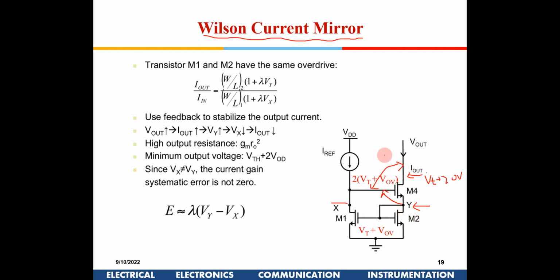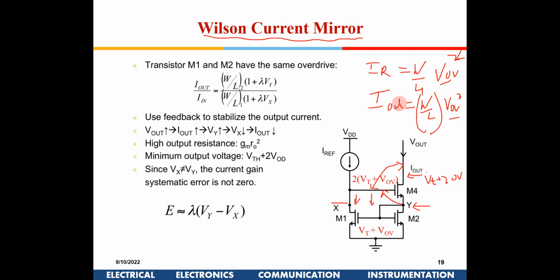Now please understand one thing. We are saying all this VOV will be equal, but the currents here are not equal. Currents are equal because I reference equals W by L and VOV square, with a constant in between, and this current I out is a different W by L and VOV square.